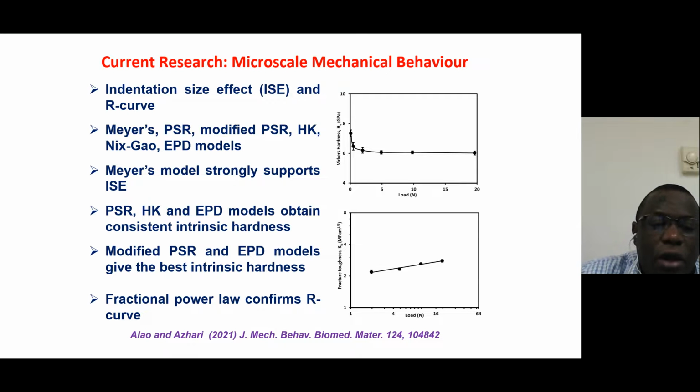But the best intrinsic hardness was obtained from the modified proportional specimen resistance, and then elastic plastic deformation model, which obtained the best intrinsic hardness for the material.